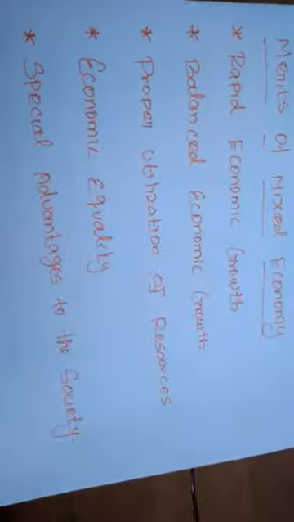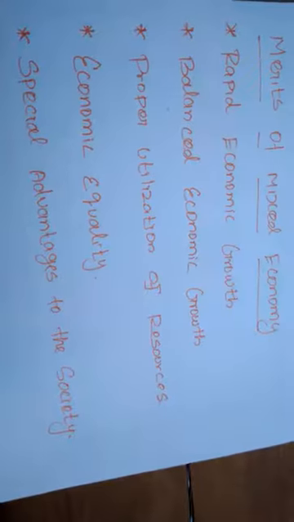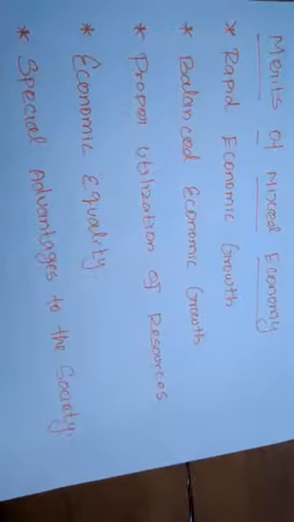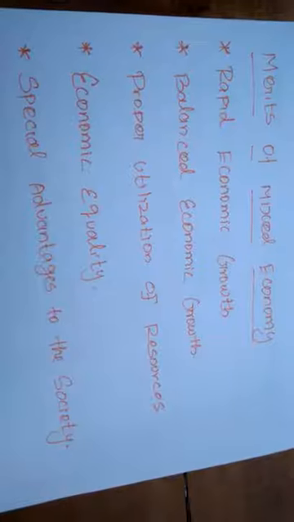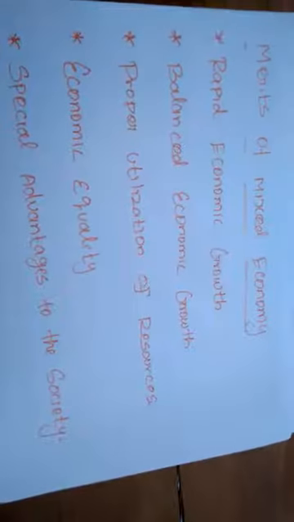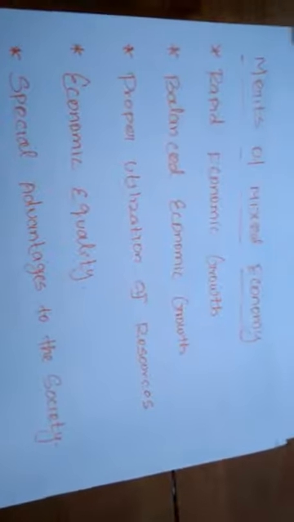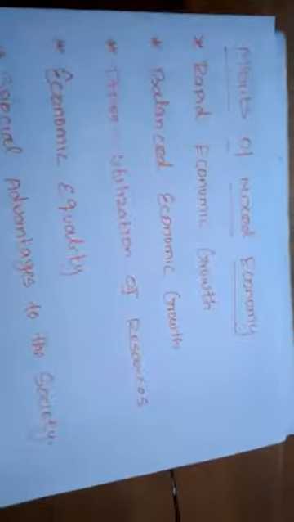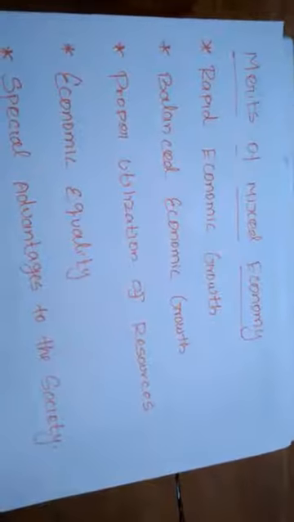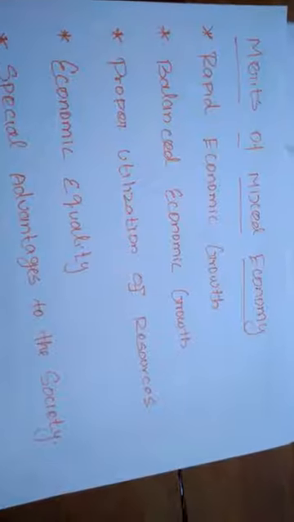At the same time, some private requirements or private needs will be taken care of by the government, and some public requirements will be taken care of by the private sector. Suppose the government is not able to produce or continue any of the industries, it will go into private hands. It will not be shut down.